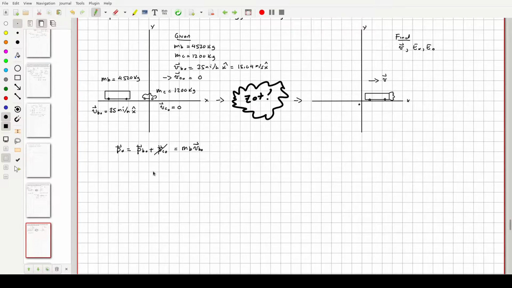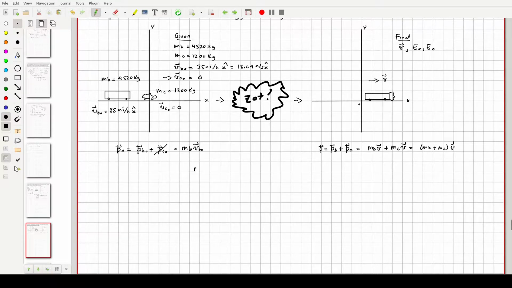Afterwards, we have the momentum of the bus plus the momentum of the car. That's the mass of the bus times this velocity plus the mass of the car times this velocity, or once again, the mass of the bus plus the mass of the car times v. And these things are equal.